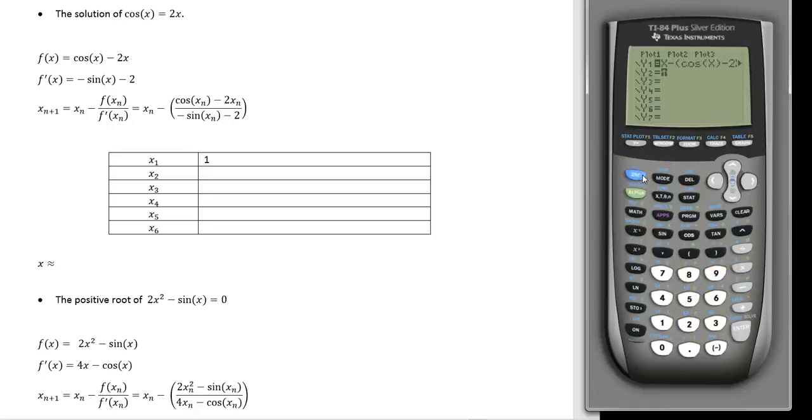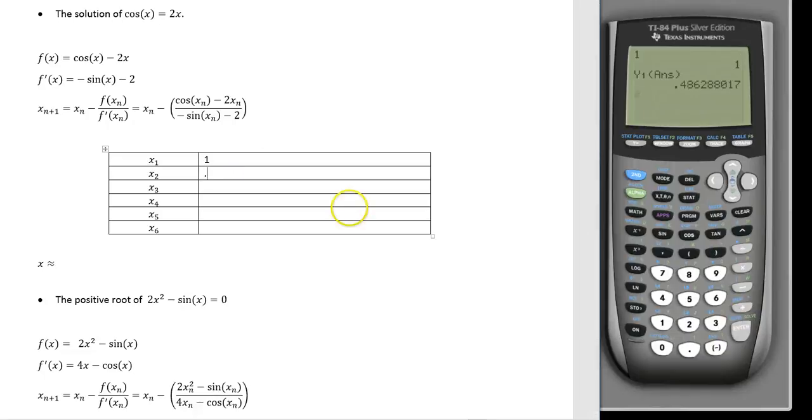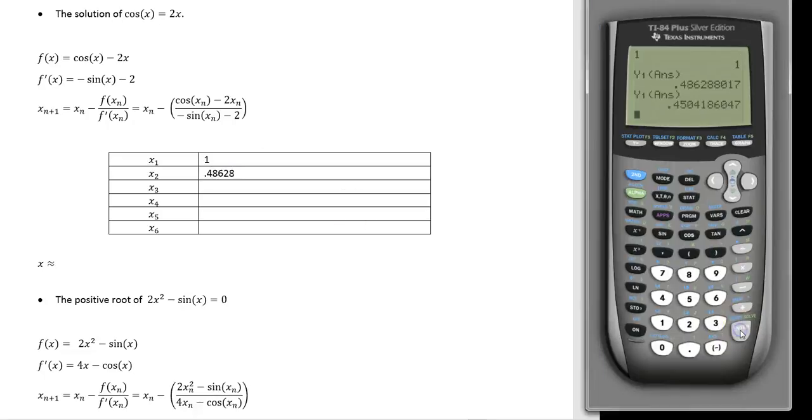So now we exit out of the y equals screen. We enter in our initial guess, so 1. We go to variables, y variables, function, select y1, and we want to evaluate this at the 1 that we'd have entered in previously. So second answer, enter. So our x sub 2 is 0.48628. Enter again.